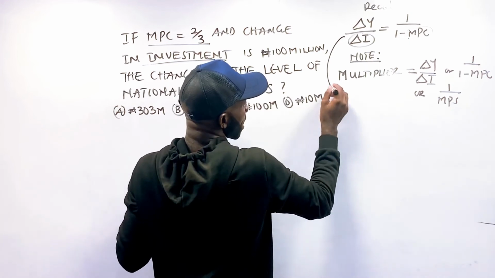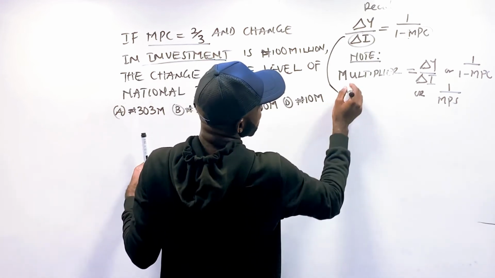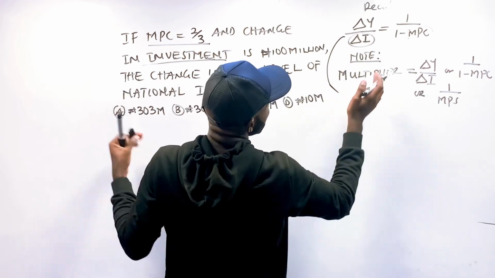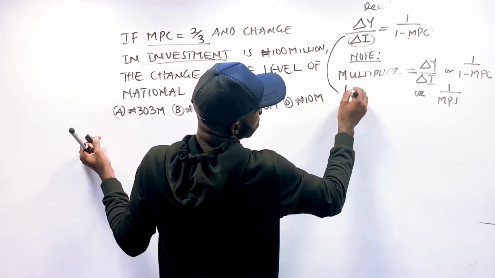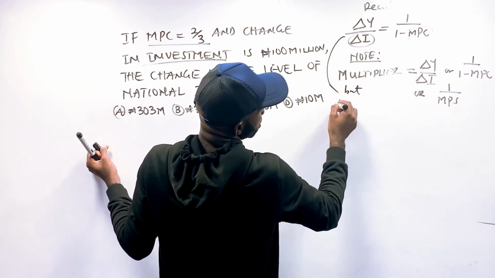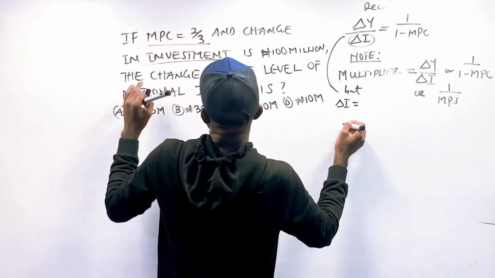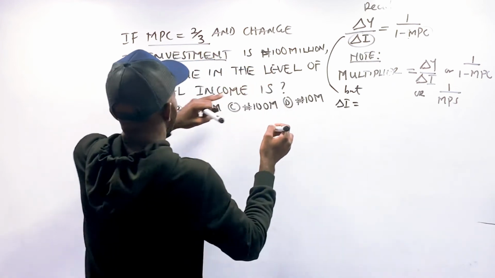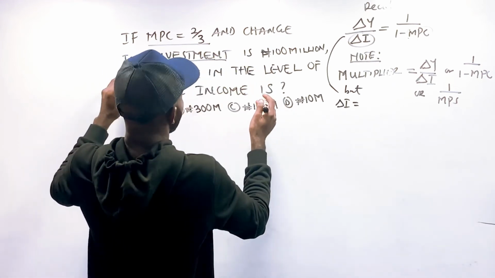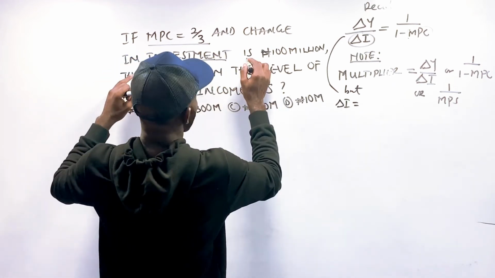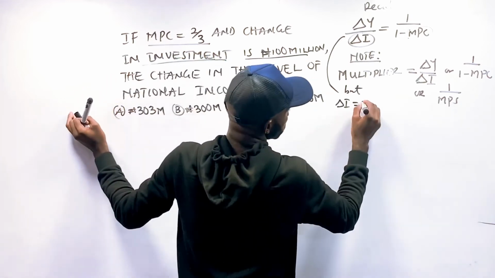When we come in here, we need to realize that these components have their values. Change in investment is equal to what we have from the question on the board, 100 million.